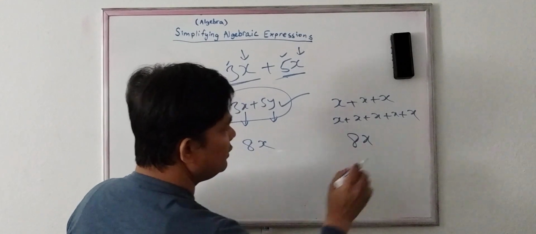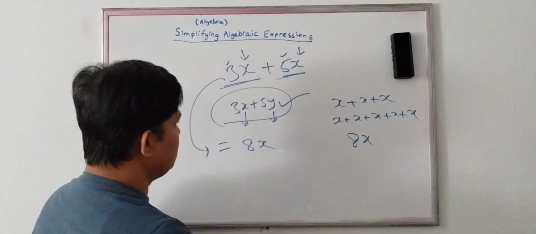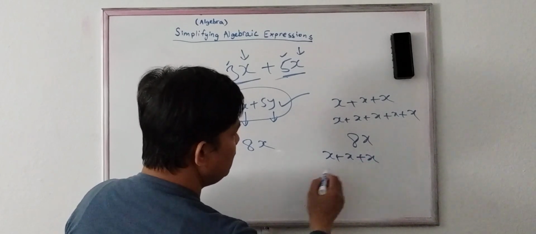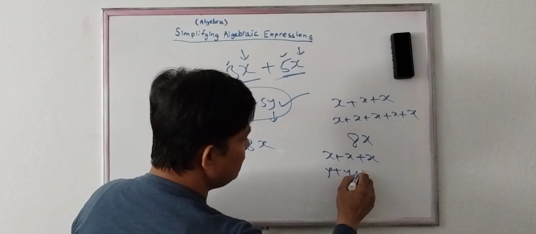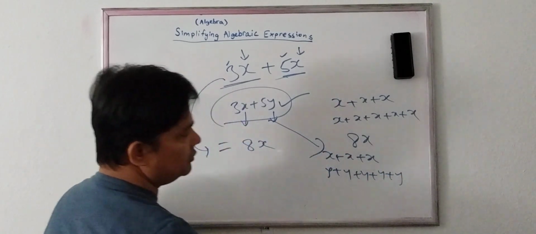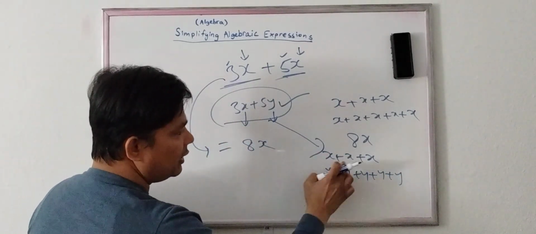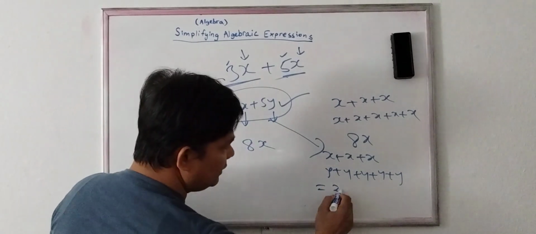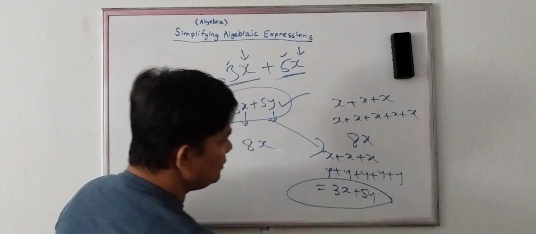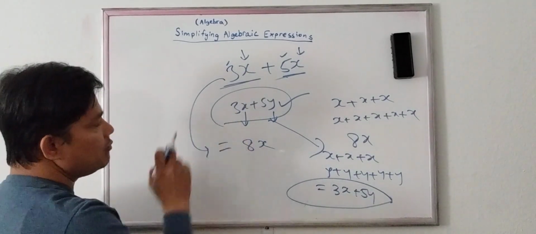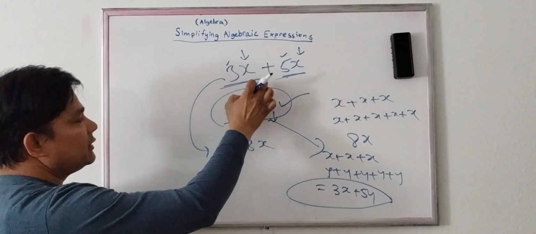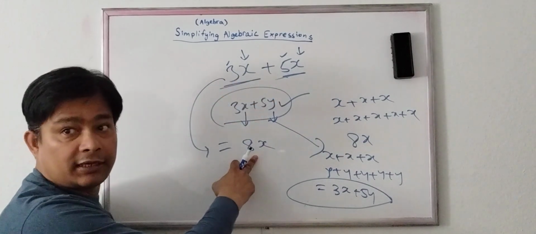That's 8x. But if I say x plus x plus x, and then y plus y plus y, we cannot add x to y, so this will remain the same thing, 3x plus 5y. This is the simplified form for this one, even if you have an addition sign here. But for the other one, the simplified form is 8x.